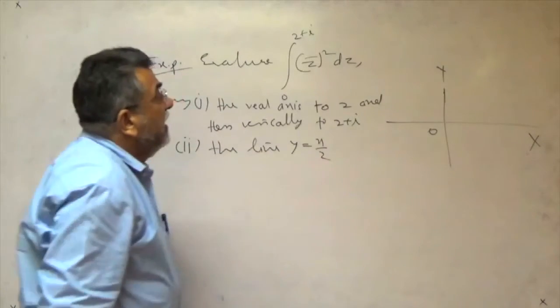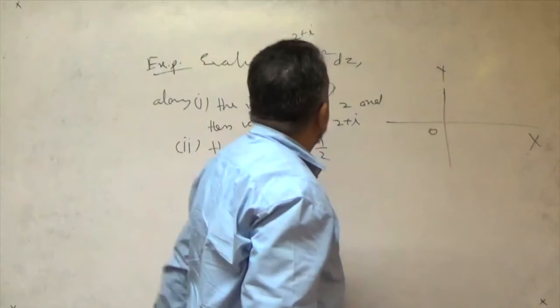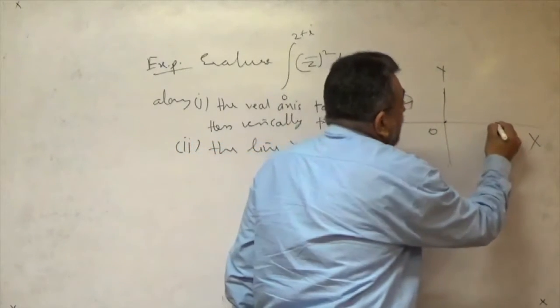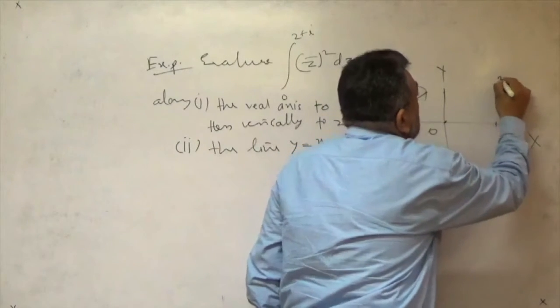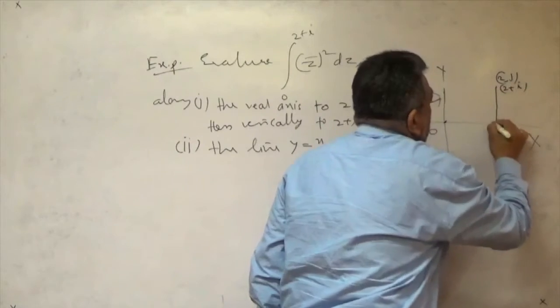Here, this is our real axis and imaginary axis, and this is 0, the origin, and 2 plus i means the point (2, 1). So this is the line.